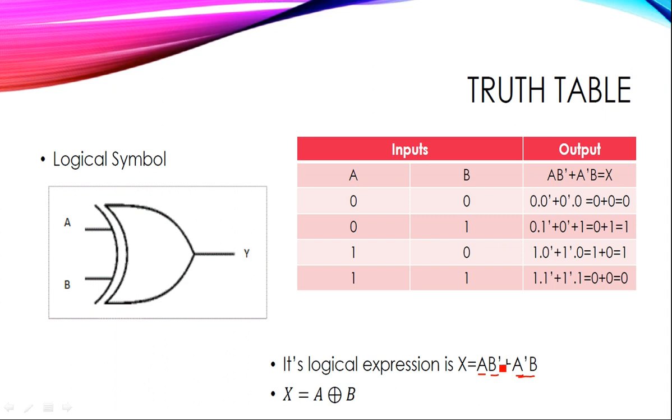So A B bar plus A bar B is the logical expression. And as a shortcut we use this symbol to write the exclusive OR expression. So this indicates exclusive OR. So X equal to A exclusive OR B.